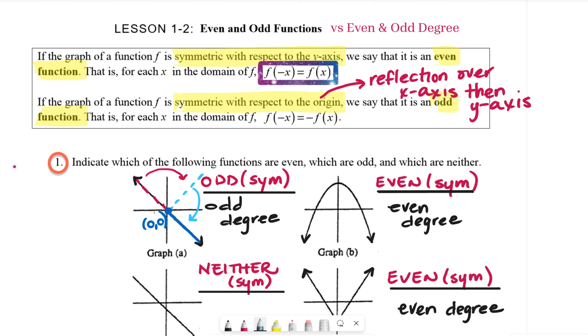So this definition here and this definition here.